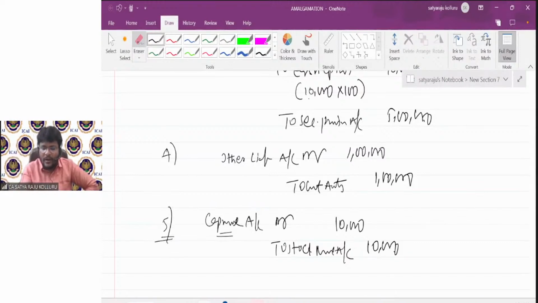If you want to raise the goodwill, raise the goodwill. Later, in another entry, capital reserve account A/c Dr to goodwill, then goodwill is cancelled. Rather than writing one more entry for cancellation of goodwill and capital reserve, directly here I am debiting the capital reserve itself. That is capital reserve account A/c Dr to stock reserve account. You can pass that entry also. Is it okay to all of you?